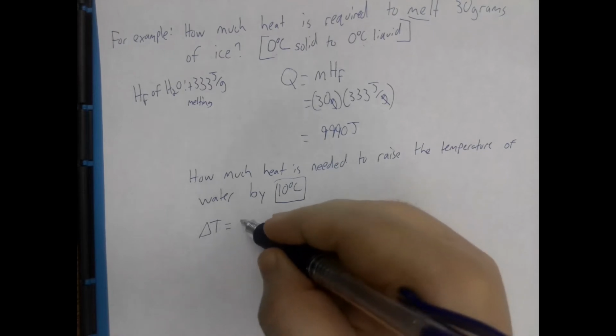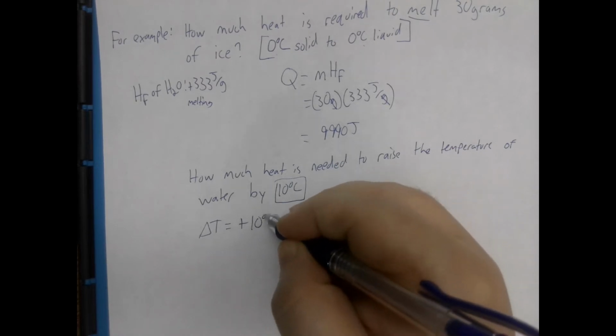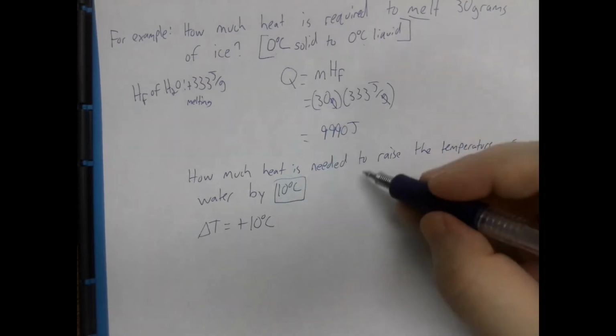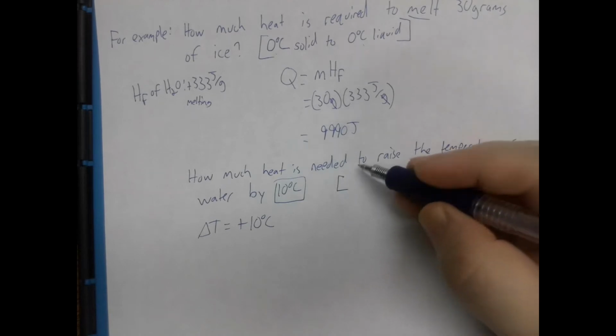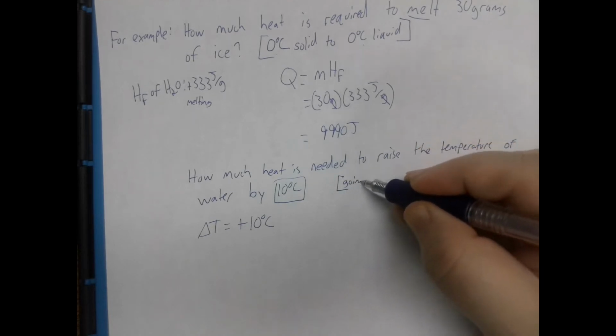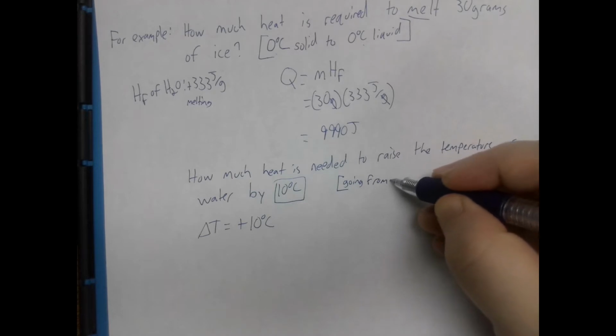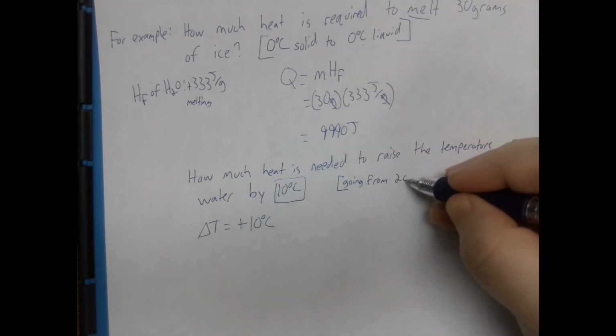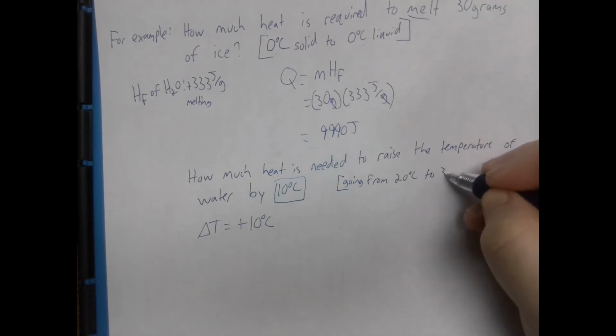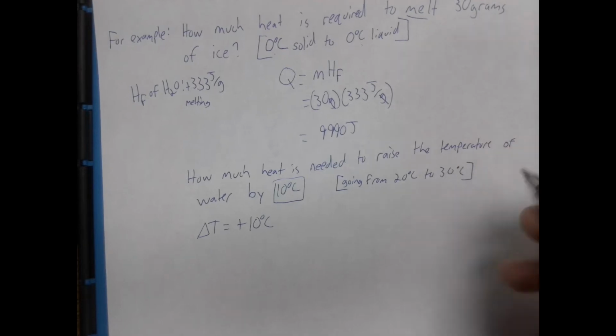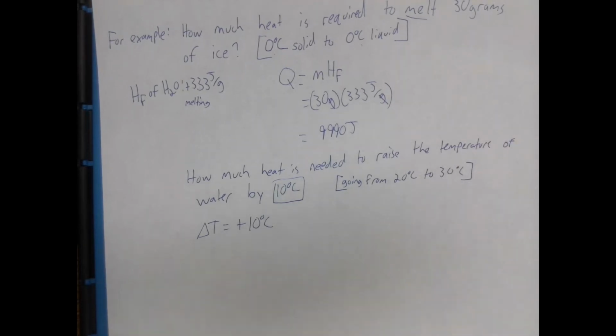We're increasing by 10 degrees Celsius. I could have worded this, for example, going from 20 degrees Celsius to 30 degrees Celsius. The change in temperature is 10. And let's assume that it's still 30 grams.